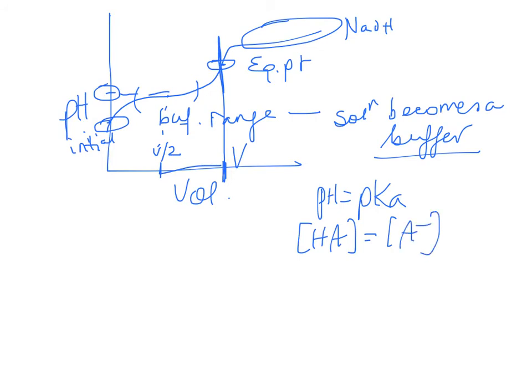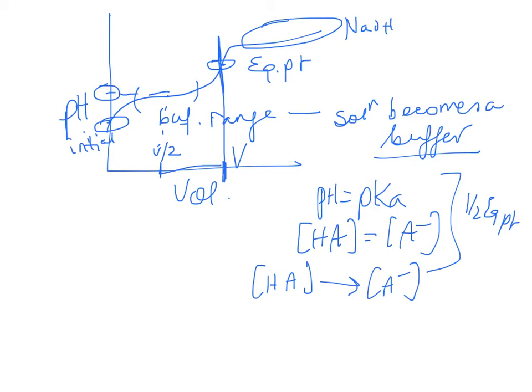So this is what happens at half equivalence point. Then what happens at equivalence point? All of the acid gets converted to A minus. That means basically the titration is done.